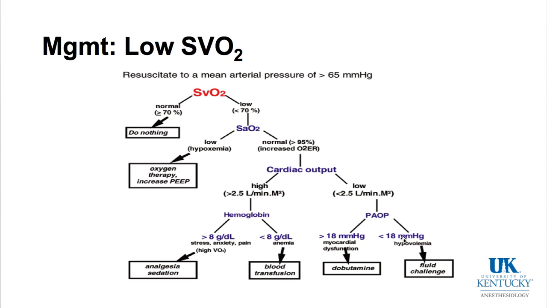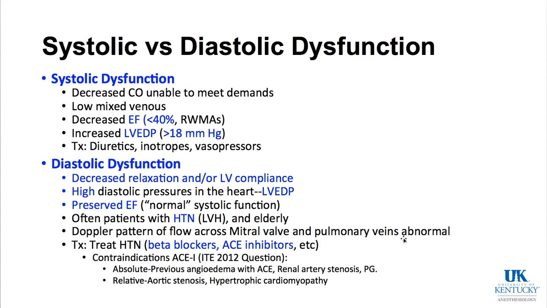Give fluids if it's low, and that should increase the cardiac output. But if the wedge pressure is high and the cardiac output's low, then an inotrope would be indicated, and dobutamine would be an example of that.